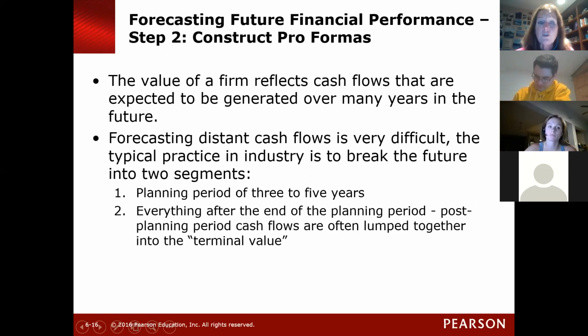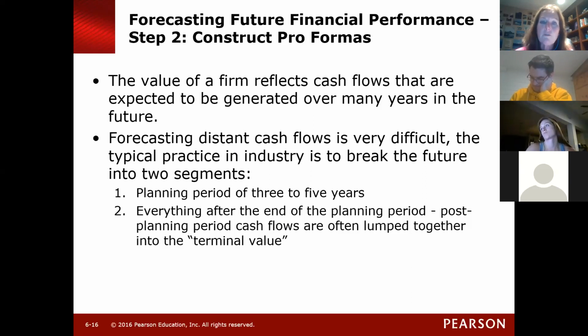All right, when you construct your pro forma, everything is driven off of your revenue and the growth in your revenue. That is especially the first year's growth. So if you're looking at 2015 through 2019, the most important number you're going to forecast is your growth for 2020. That number will drive everything else, because if you pick a growth rate that's too high, all of your future cash flows are going to be based on a number that's too high.